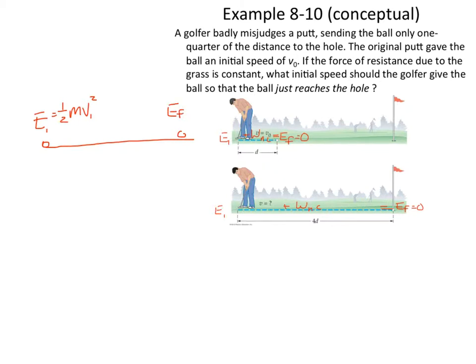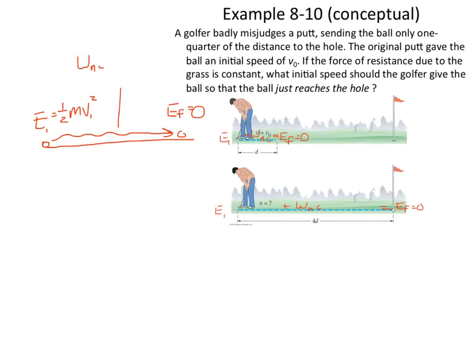Energy final of the ball equals 0, which means the non-conservative work that was done from there to there must have been done by friction. All right, now what's the friction of the ball? Well, it's mu_k times mg. Of course, we don't know the mass of the ball, right?